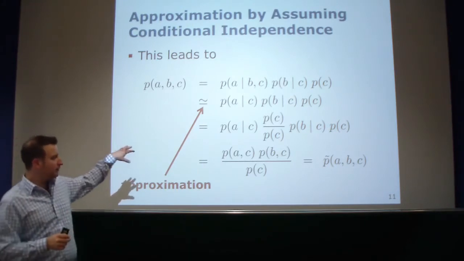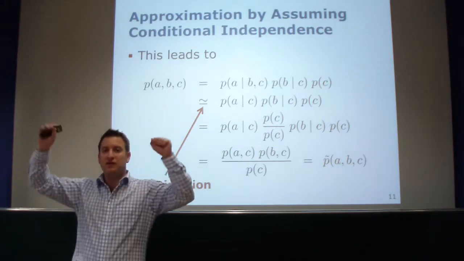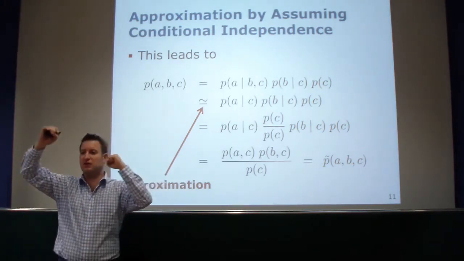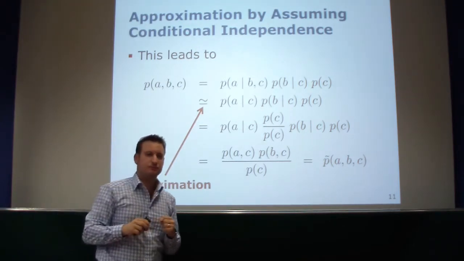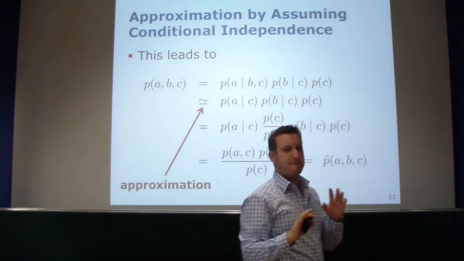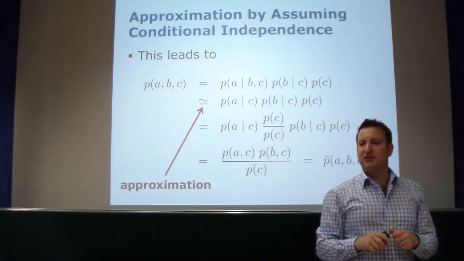And if I assume a conditional independence, that means that some of those elements of this information matrix get 0. Okay? Most of you seem to have a question about that.